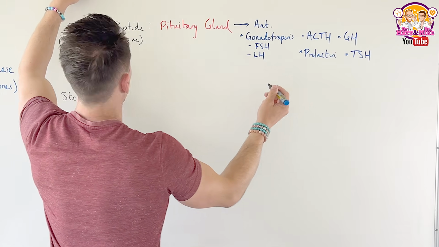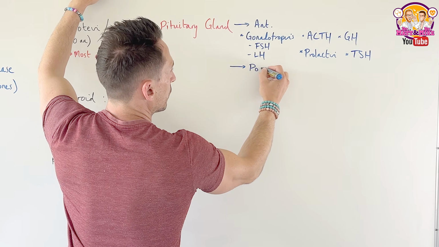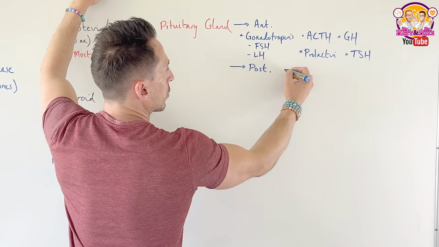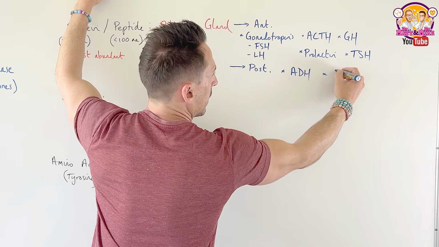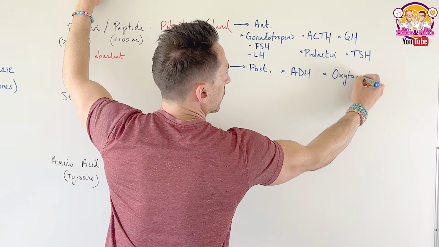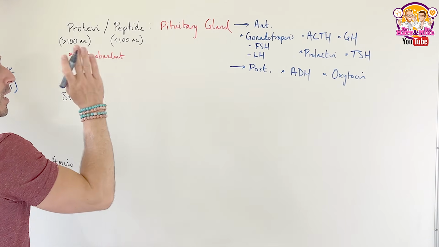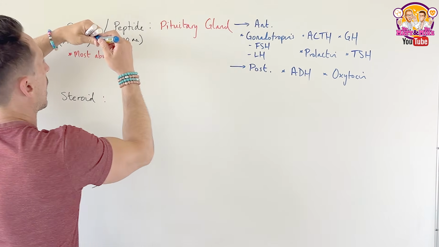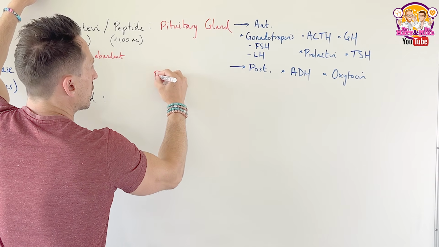They also include those of the posterior pituitary. And these include antidiuretic hormone and oxytocin. So these are protein and peptide based. But that's not all. Importantly, other protein peptide based hormones include those of the pancreas.